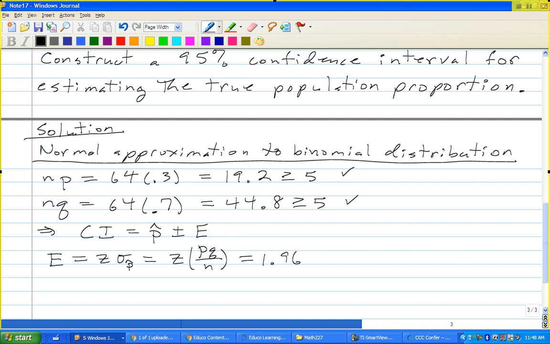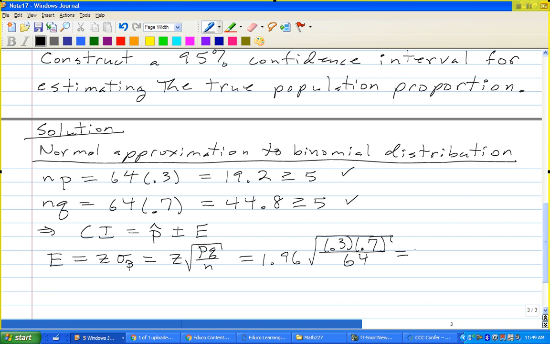I don't know P, but again, I'll estimate it. Where's the square root in this formula? Okay, I will estimate P to be 0.3 using the sample proportion, Q to be 0.7, again using the sample proportion, and n to be 64.